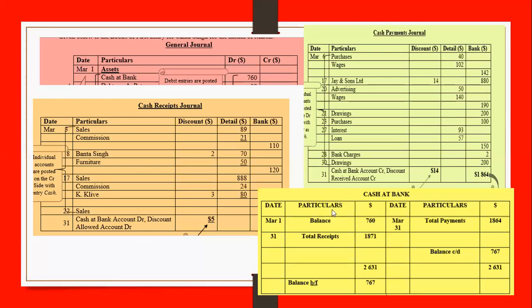On the particulars column, you'll see there is a change. In your general journal, your entry is cash at bank. In my ledger, I'm not going to use cash at bank in my particulars column. That is wrong.